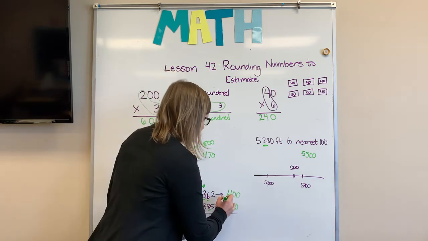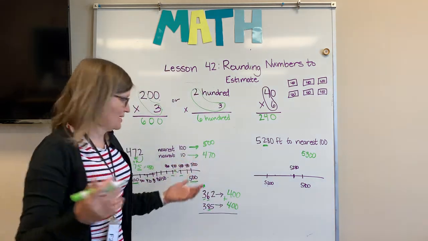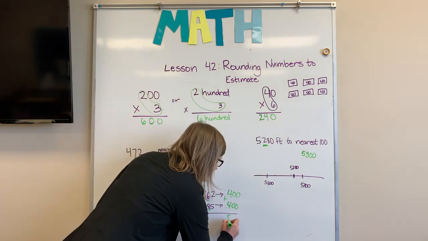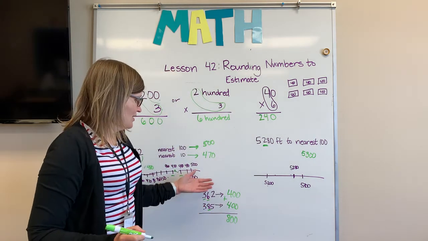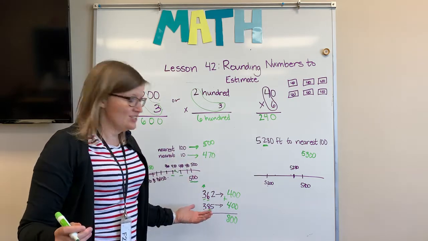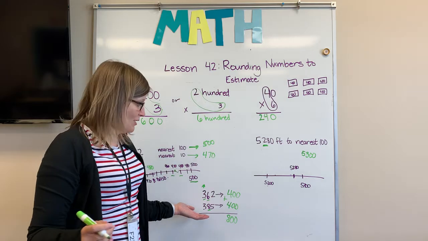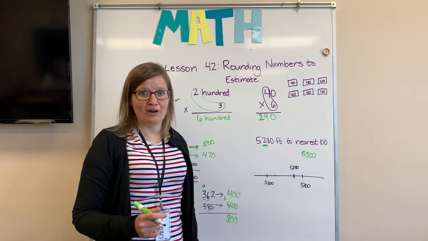Now they want me to add these two together. And I can say, perfect, 800, because this is easy math for us to do. Instead of 2 plus 5, 6 plus 8, 3, it just takes a lot more time. And so this is a way to streamline some of our work.